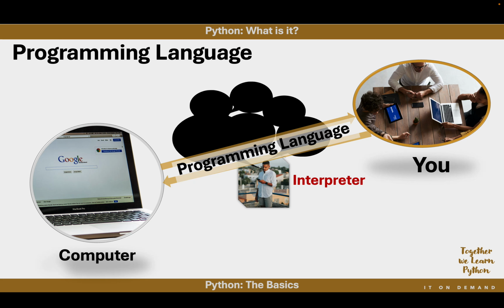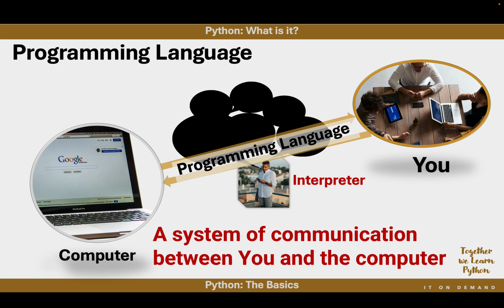And of course, the language in between you and the computer is what we call the programming language, just as we use the human language to communicate. And so this interpreter could understand this programming language. And so the programming language, I would say, is just a system of communication between you and the computer.